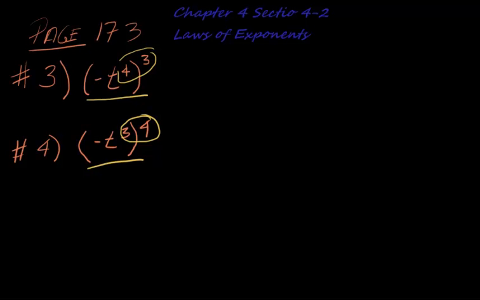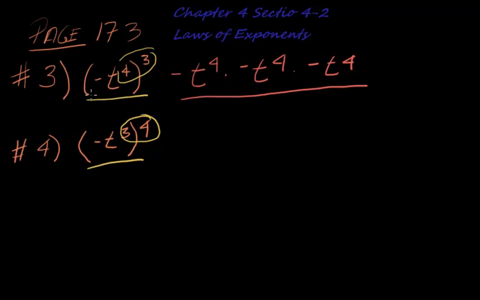Well, what this says is that whatever is inside this parentheses, I'm going to multiply it times itself 3 times. So I have negative t to the fourth times negative t to the fourth times negative t to the fourth. Now there's a reason that I have selected these 2 problems, because the question can become, is my final answer positive or negative?